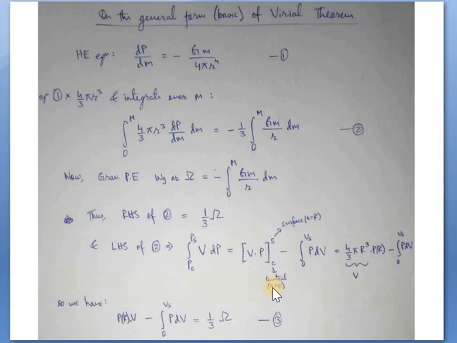Central small r is equal to 0, surface small r is equal to capital R. If we do that, remembering that pressure at R is equal to PR, then we get this relationship.